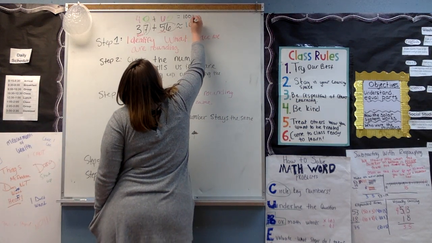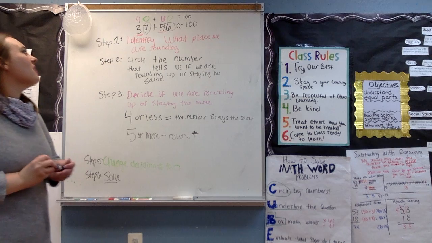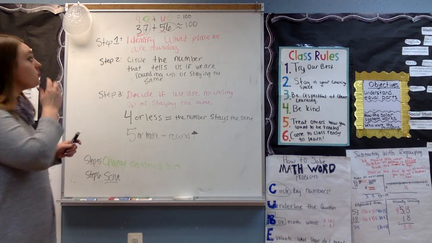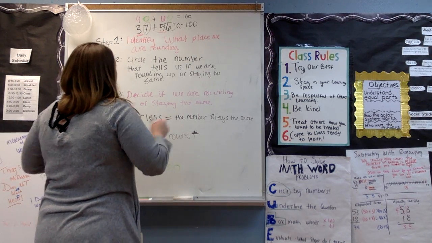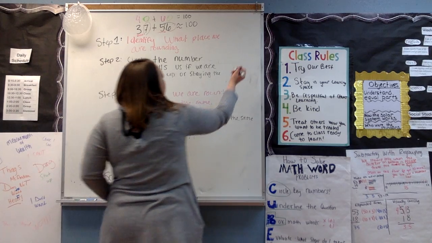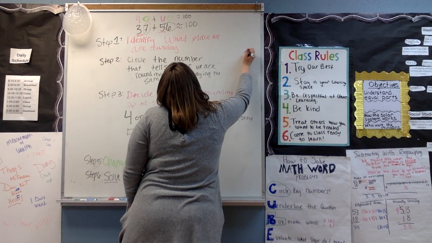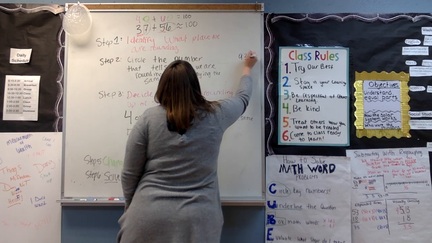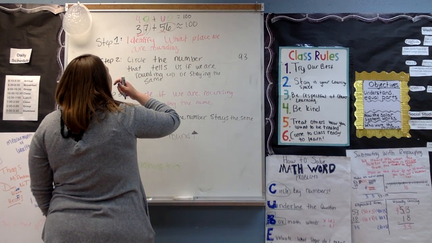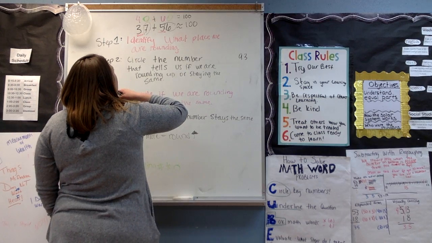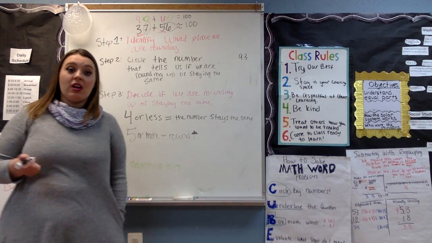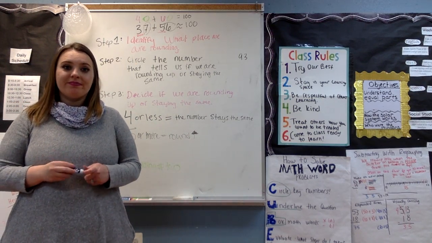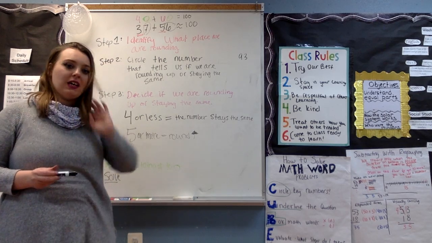It's approximately 100. And let's do the math and see how close we are. 7 plus 6 is 13. So 93. Yeah, 93. 7 away from 100. Pretty close. All right, it's approximately 100.